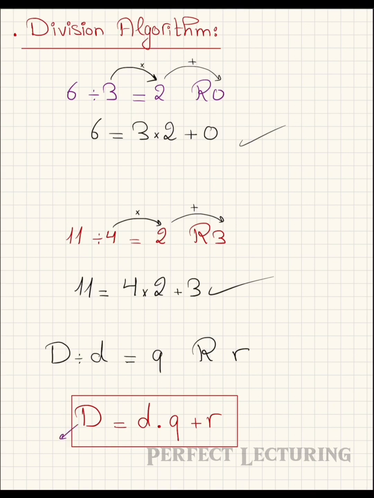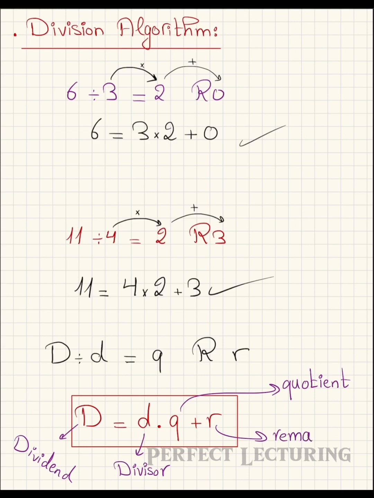Capital D is called the dividend. Small d is called the divisor. Q, which is the answer, is called the quotient. And finally, R is the remainder. So that's what is meant by the division algorithm.